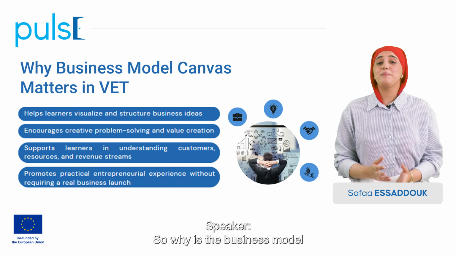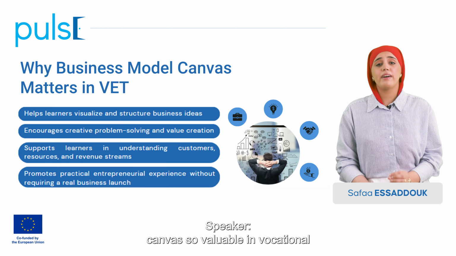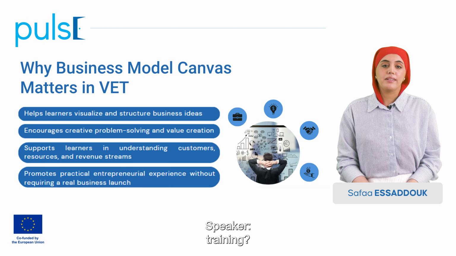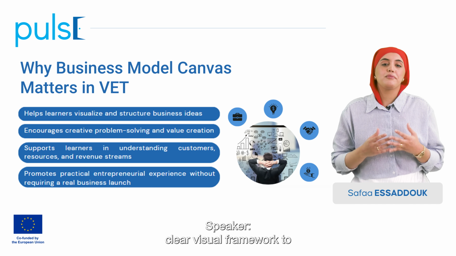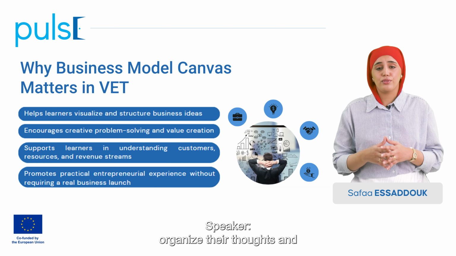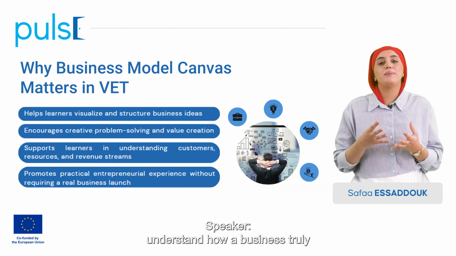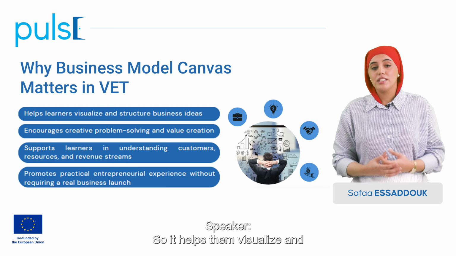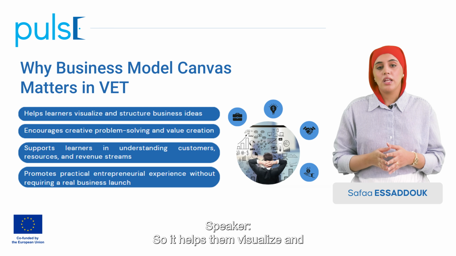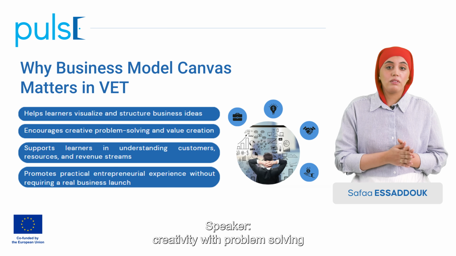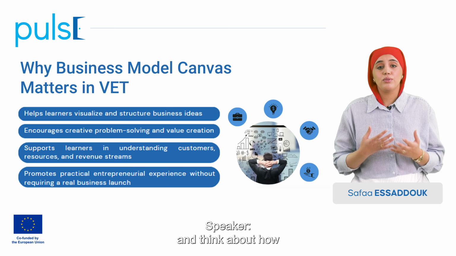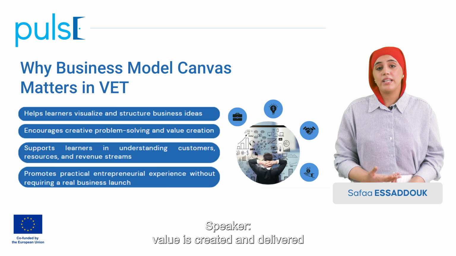So, why is the business model canvas so valuable in vocational training? Because it gives learners a clear visual framework to organize their thoughts and understand how a business truly works. It helps them visualize and structure ideas, connect creativity with problem solving, and think about how value is created and delivered to customers.